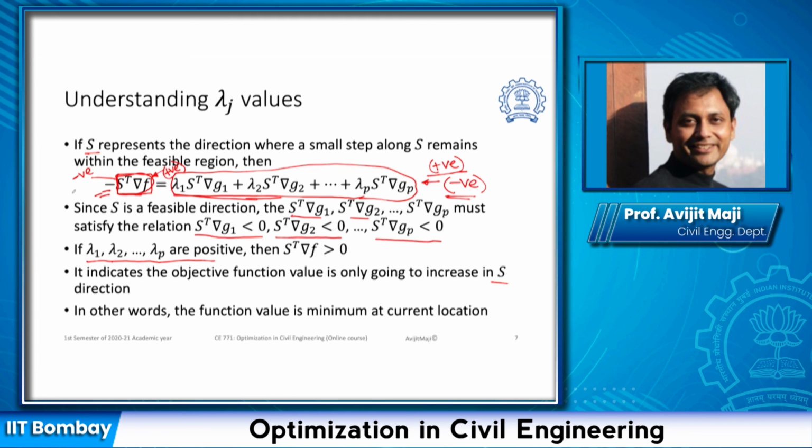These two together make it positive. So in that situation, it indicates that if we move along that feasible direction, my function value is going to decrease.